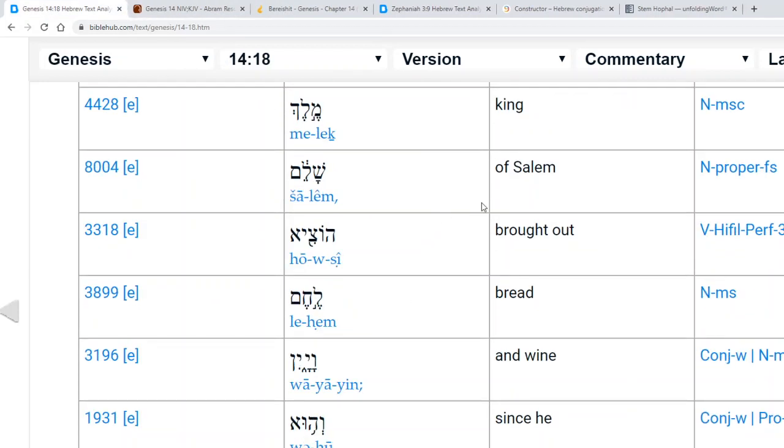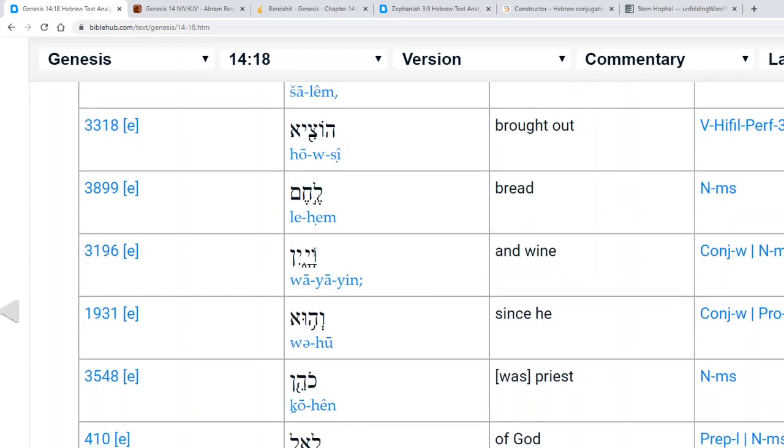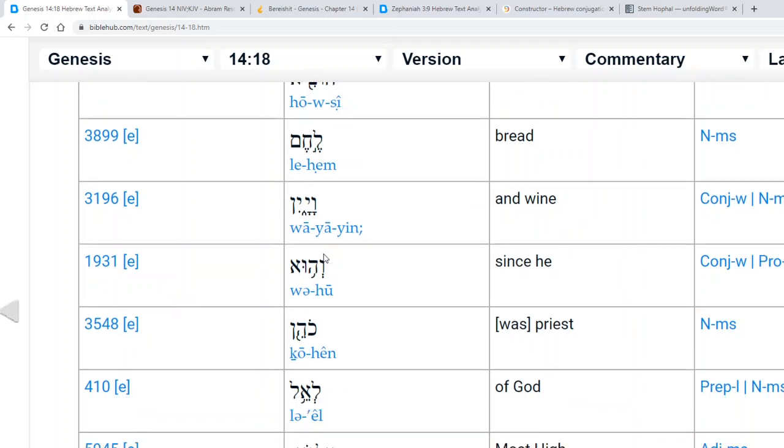Hotzi is the perfect, in the past tense, the completed action. Hotzi lechem v'yayin. So lechem means bread, and conjunctive vav, va'yayin, and wine. Yayin is wine.